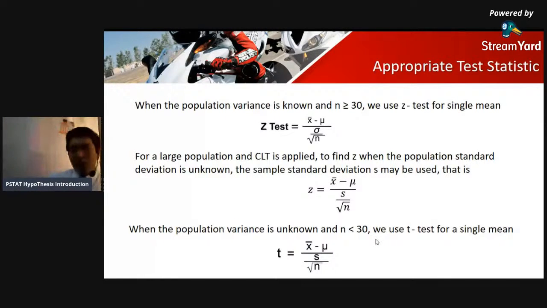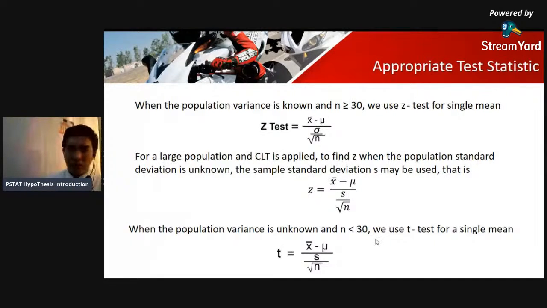If the population variance is known, and if n is greater than or equal to 30, we use the z-test for a single mean, that is z equals the sample mean minus the population mean, all over the standard deviation all over the square root of n. For a large sample, this is applied to find z when the population standard deviation is unknown, using the sample standard deviation s.